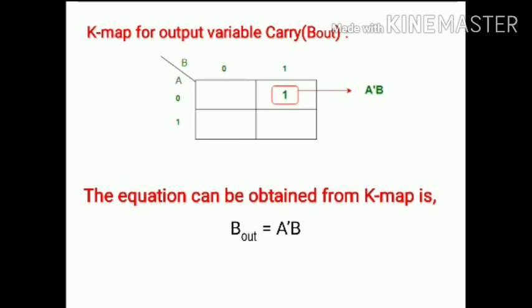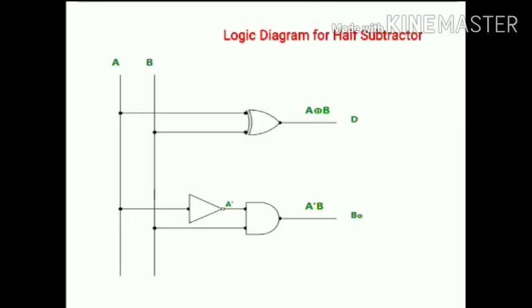So the equation obtained from the K-map is borrow equal to A bar B. In this way, the Boolean functions can be derived using the K-map. This is the logic diagram for the half subtractor. In this logic diagram, the difference and borrow output both are shown.